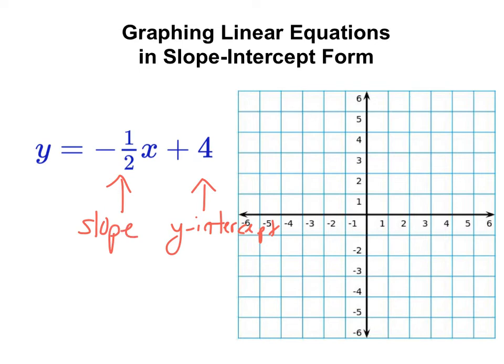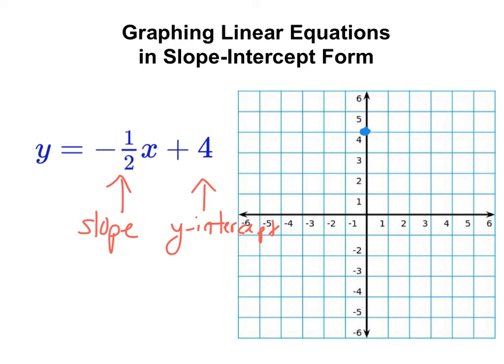Because my slope is negative, I already know that my line is going to be falling from left to right. We always start with our y-intercept, so I'm going to plot 4 on my y-axis, because that's what the intercept means. At (0, 4), I plot my y-intercept.